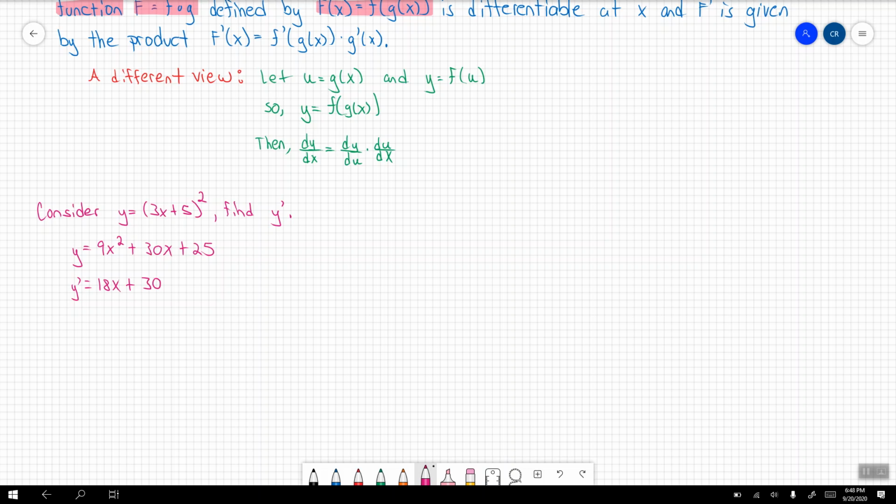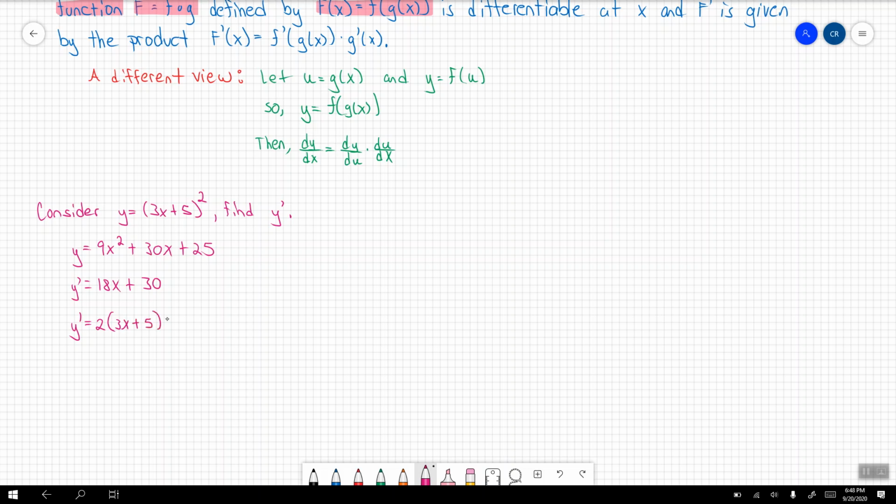However, we can rewrite that derivative differently. And the way that I'm going to rewrite this derivative is going to be in this manner, that I want to take y prime and I'm going to decompose y prime. Now, you might not have to do this as we work through a lot of these derivatives.